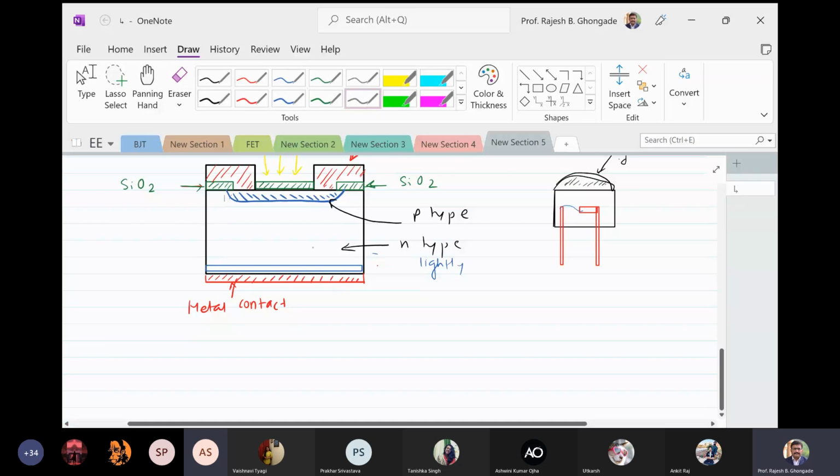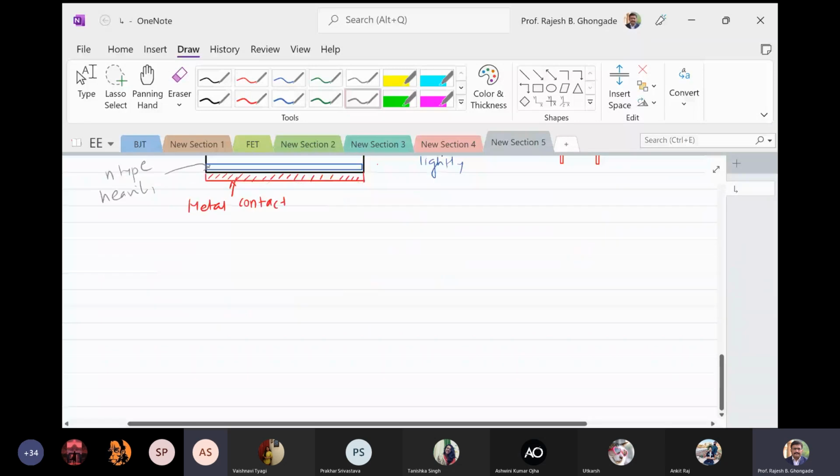So this is again n-type, but heavily doped. Okay, so this is basically the construction of a photodiode. Now remember that photodiode is always to be used in the reverse bias condition.